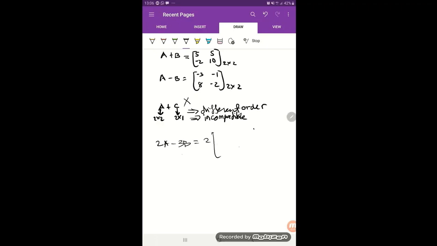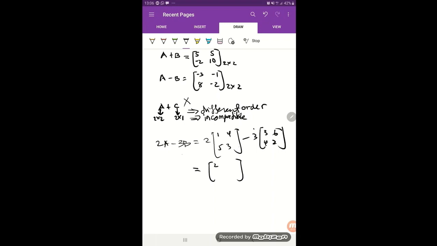So 2 multiplied by matrix A, 1, 4, 5, 3, and minus 3 times matrix B, 3, 6, 4, 2. So you must multiply the scalar with the matrix first.